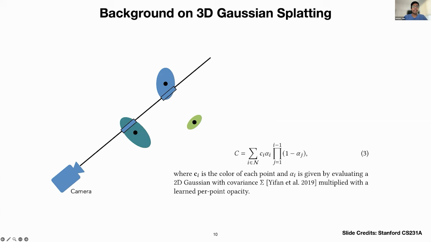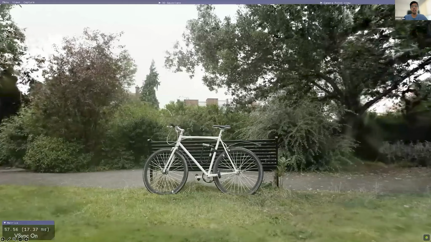To project these 3D Gaussians and convert them to an image, we project them onto the image plane using the mean and the camera projection matrix. These contributions can be accumulated using alpha blending to produce the final color. 3DGS uses rasterization to render out the image, and this rasterization is done through extremely efficient CUDA kernels, which makes the rendering real time and the training process much faster.